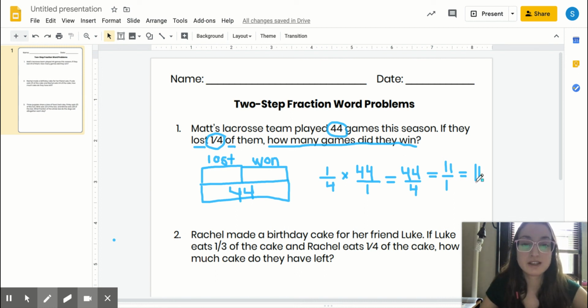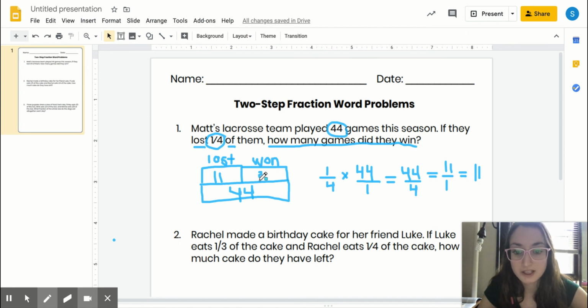So that means they lost 11 games, right? So I'm going to put my 11 right into this part of my tape diagram or my bar diagram because that was how many games they lost, 1/4. Now we need to figure out how many they won. We don't know this yet.